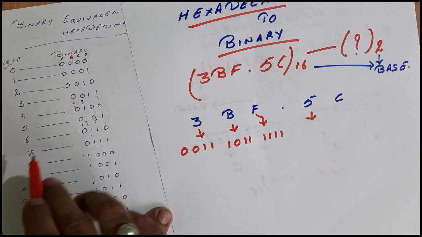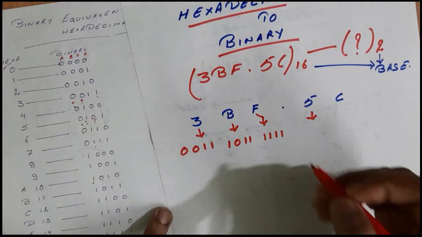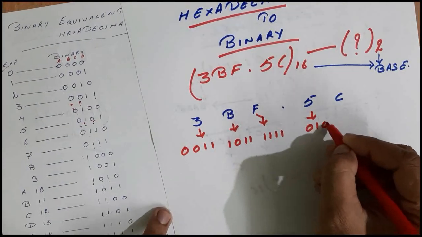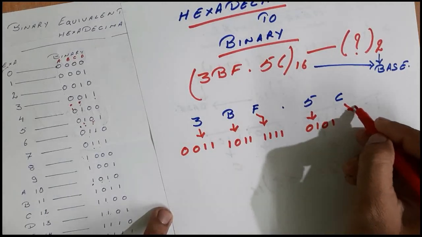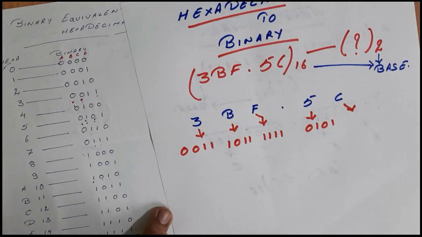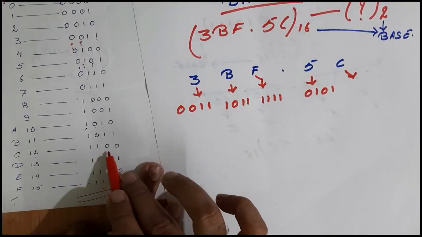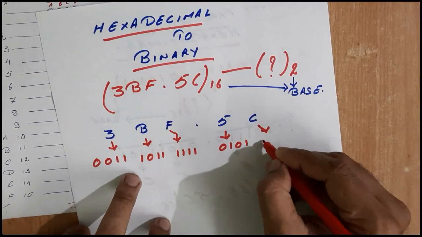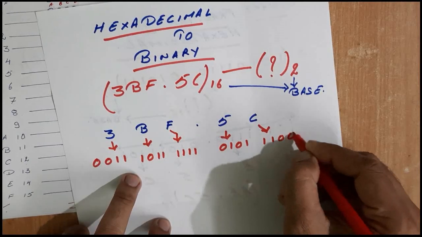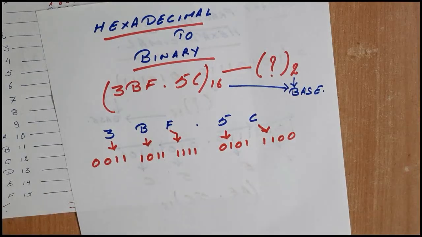For 5, we have 0101. And for C, we have 1100. C is given over here, 1100. We'll write down the answers, students.